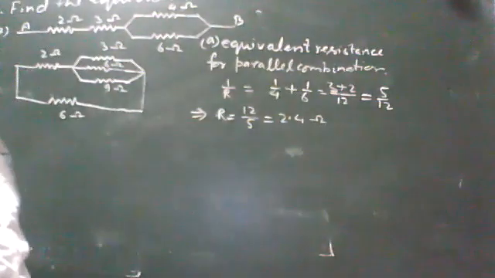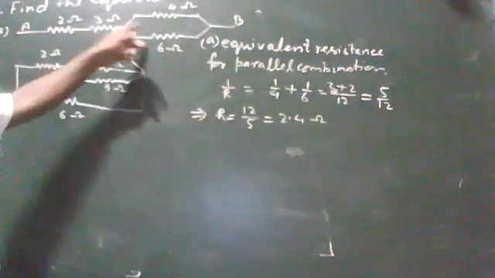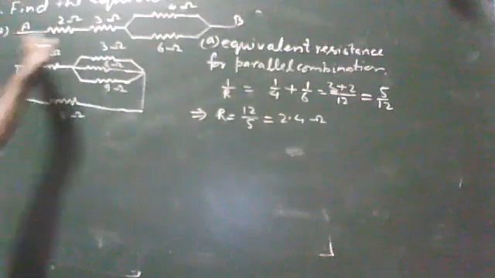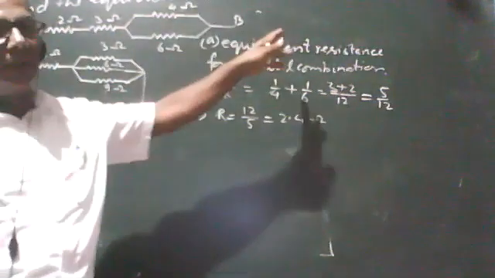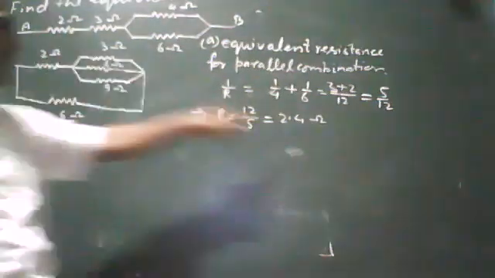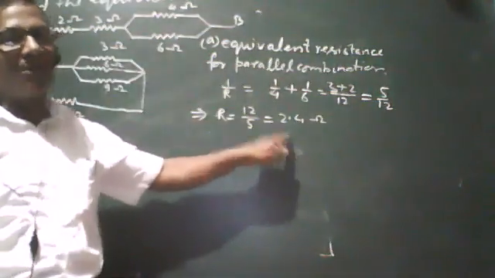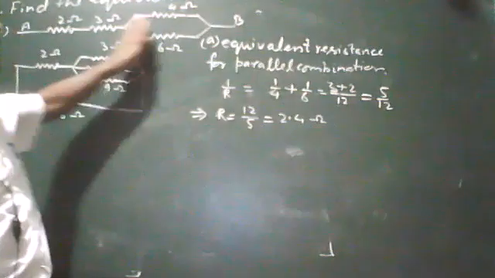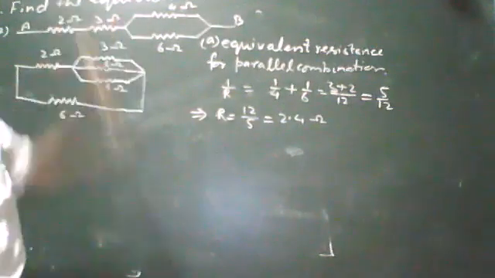Now the equivalent resistance between A and B will be 2 ohm plus 3 ohm plus this 2.4 ohm, because this combination is connected in series to these two resistors.